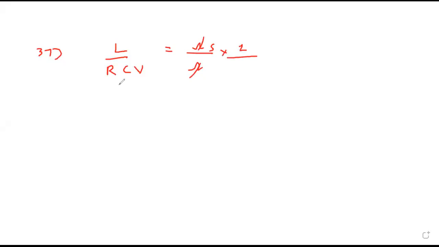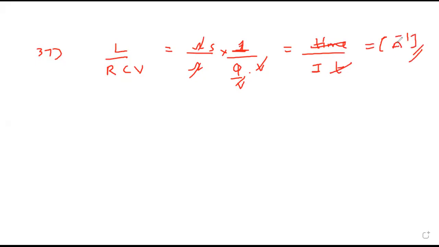C is Q upon V, into V gets cancelled. So we get time upon charge Q, which is IT. T cancels, I means A to the power 1 goes up, A to the power minus 1, that's it, khatam. See how easy it is. A raised to minus 1, option A.